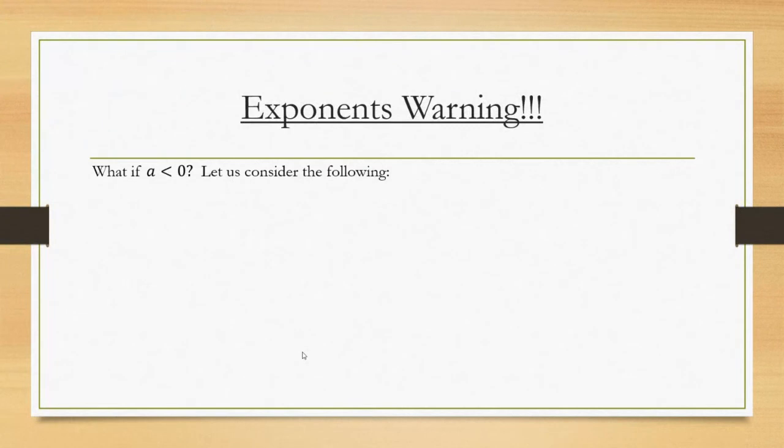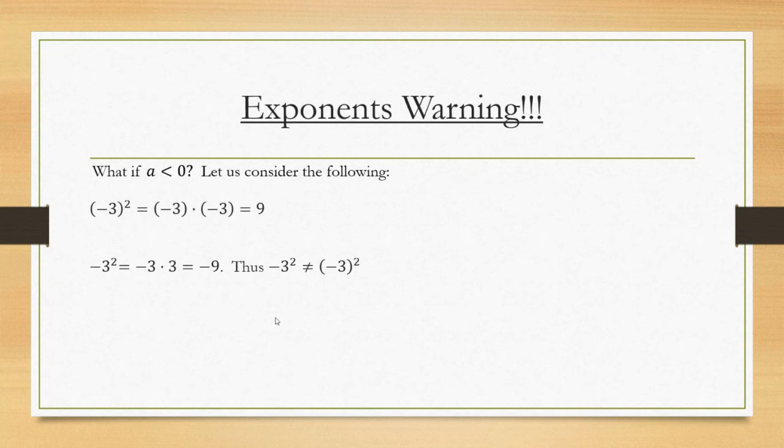Now, we do have to be careful because what if the base is negative? If you saw those examples from before, the base, the a, was positive. Well, if it's negative, you have to be a little bit careful. If you have (-3) squared, that's just negative 3 times itself, which we know is 9. Well, what if I wrote it this way?